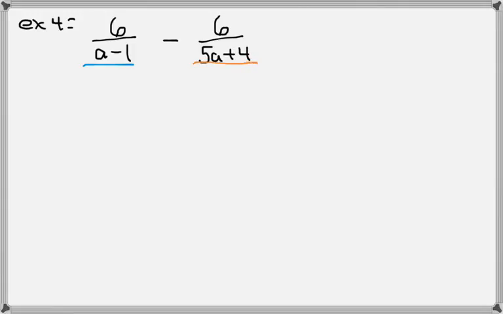So the first guy is missing the 5a plus 4. So I'm going to have to multiply him by 5a plus 4, top and bottom. The second guy is missing the a minus 1. So top and bottom, I'm going to multiply by a minus 1.